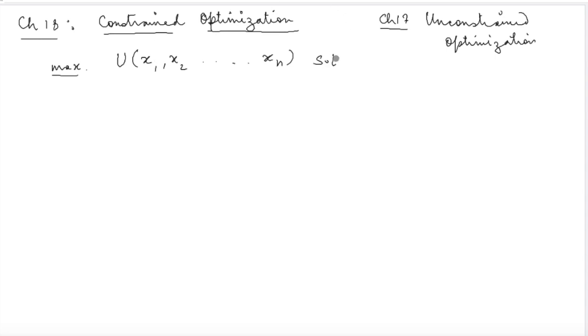So you have a certain constraint which is most usually the constraint on the budget of the consumer. The consumer wants to maximize his or her utility such that the budget, the expenditure that the consumer makes on the entire bundle, is equal to the income that he has.